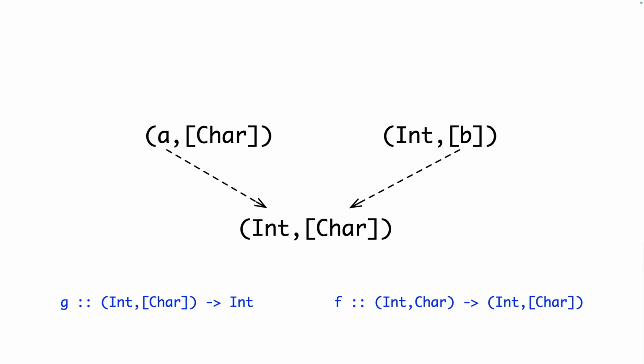So when we do this application, or when we build a function composition, we have to use this process of unification, finding a common instance of those two, solving that so that we can see that we're able to form this function composition. And so we can conclude that h is of type int, char to int, by composing first f then g, we get this function h of that type.